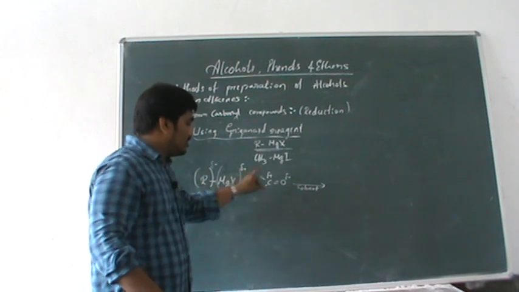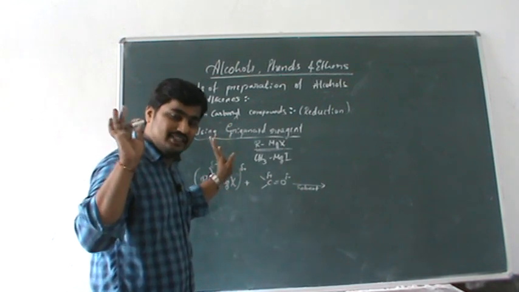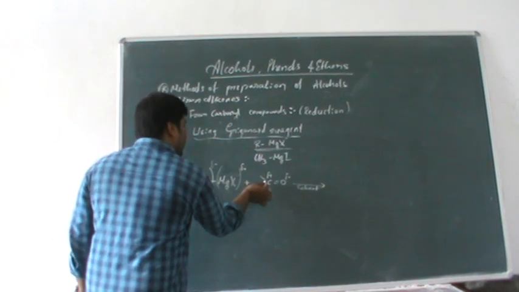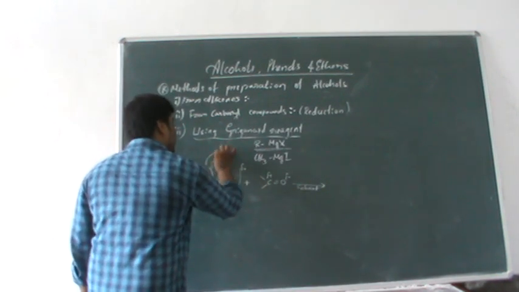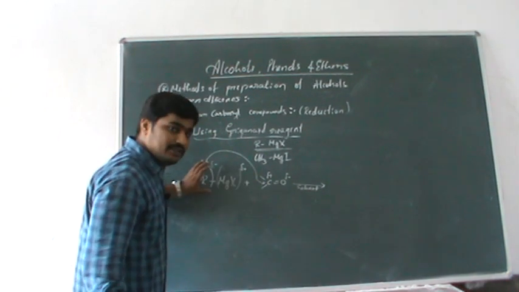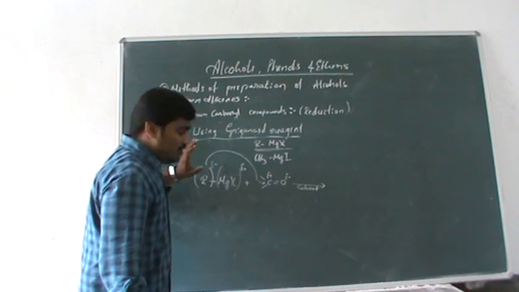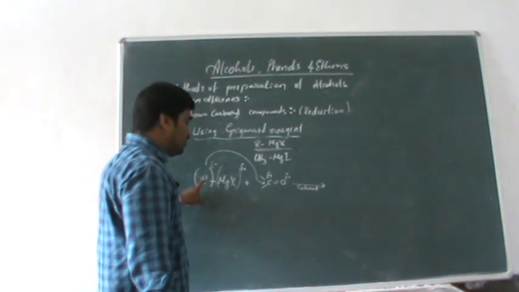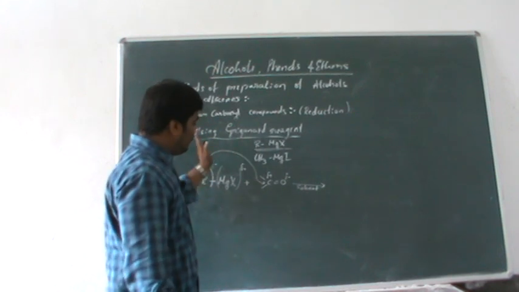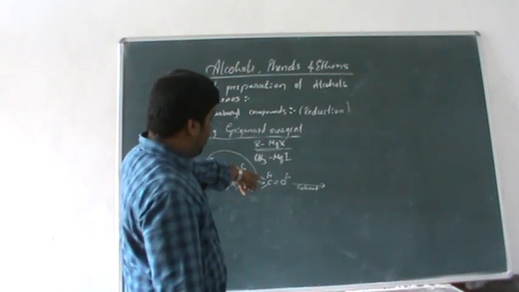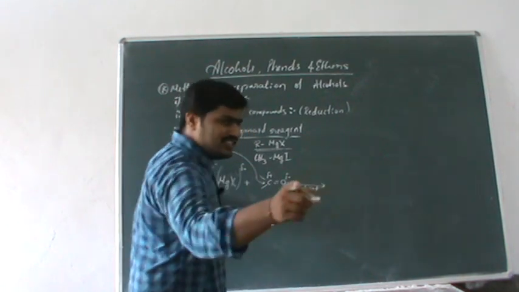Always the negative part attacks the positive. Correct? Yes, the same thing happens. This deficient group tries to take a negative or nucleophilic part. What is the nucleophilic part? In the Grignard reagent, the alkyl group is the nucleophile. The nucleophilic part attacks the electropositive carbon, and what is the next product?